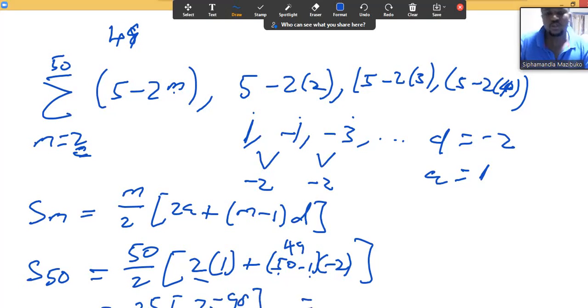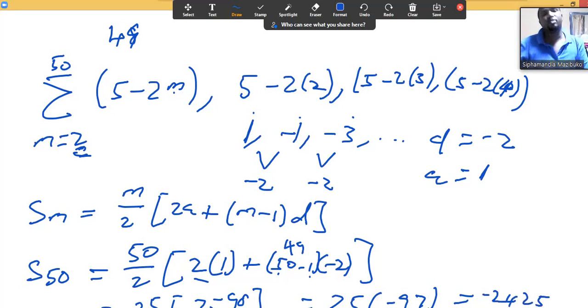We can just put this on the calculator. So you will have 2 minus 98, that will be minus 96. So this gives us 25 times minus 97, and the answer we're getting here is minus 2425.